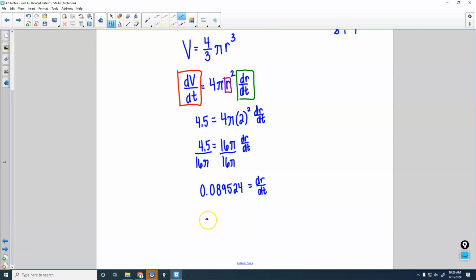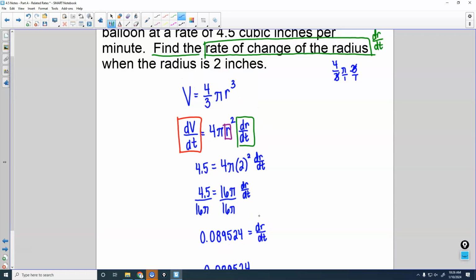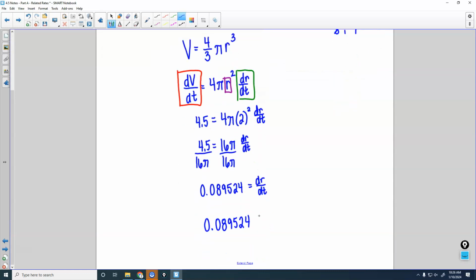Liam, what would our units be? Nope. All right, so look at the variable that we're using.